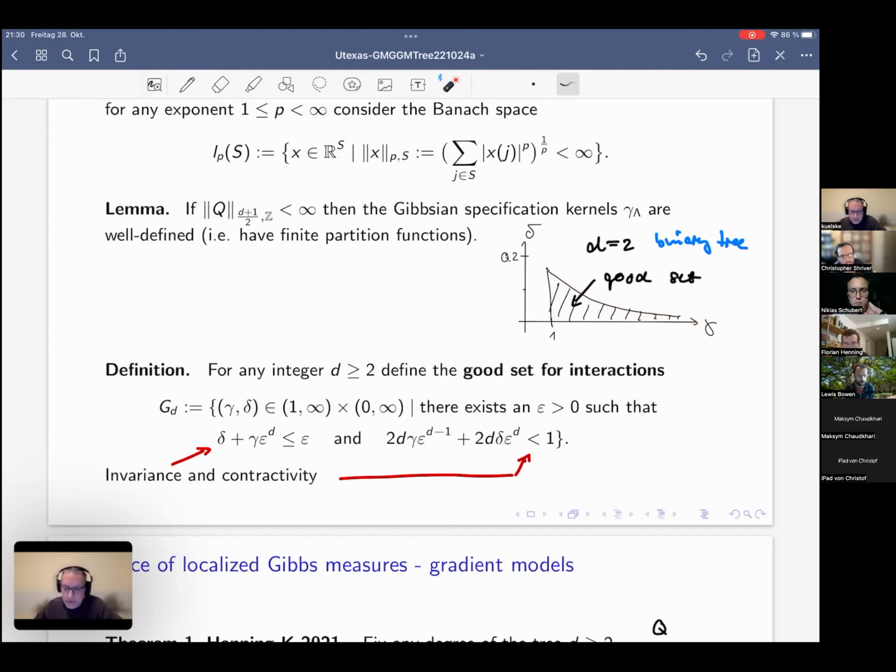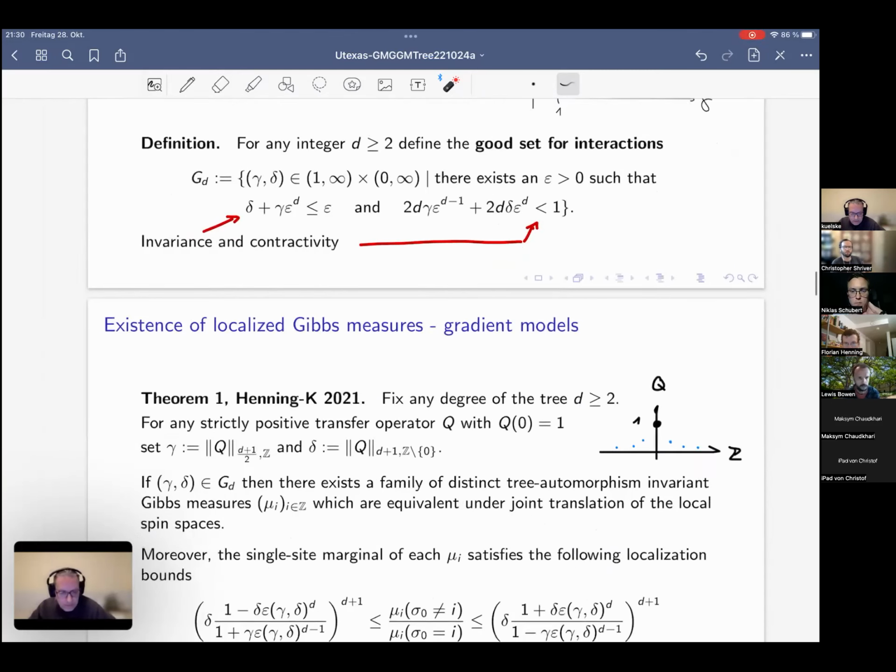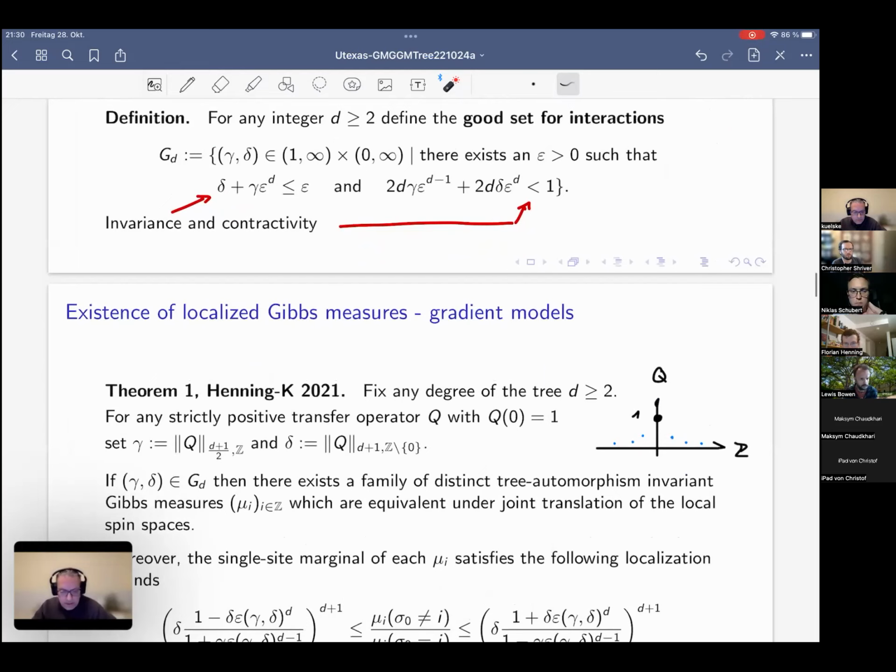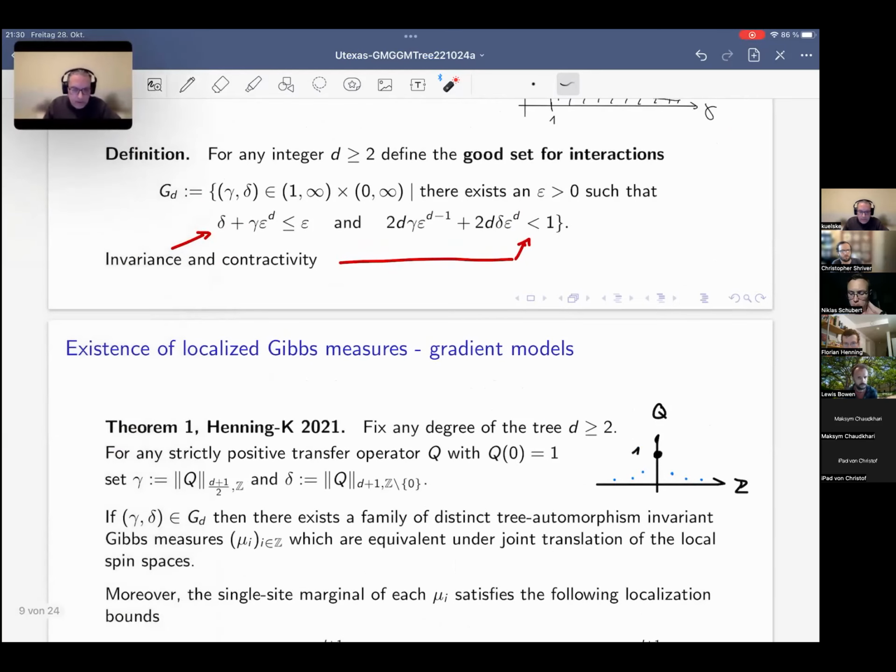And so then there's a theorem, namely that's the first theorem that we have. So we fix the degree of the tree, for instance binary tree, D equal to 2, or a tree with arbitrarily large fixed D. Then we assume that this interaction function Q, which punishes for us the increments, has Q(0) equal to 1.